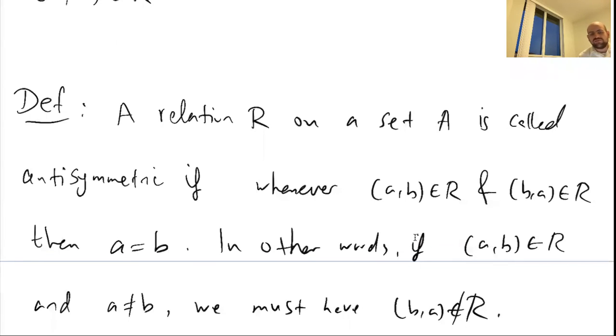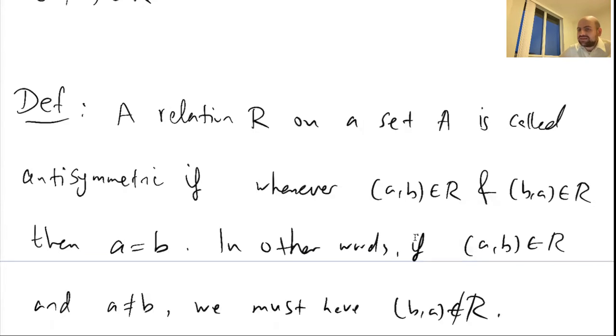That's the opposite of symmetric, because in symmetric we said whenever (A, B) is in R, then (B, A) also must be in R. So for antisymmetric, we could expect that if (A, B) is in R, then (B, A) should not be in R. But if we make that the definition, there is a small issue, because what about (A, A) itself?